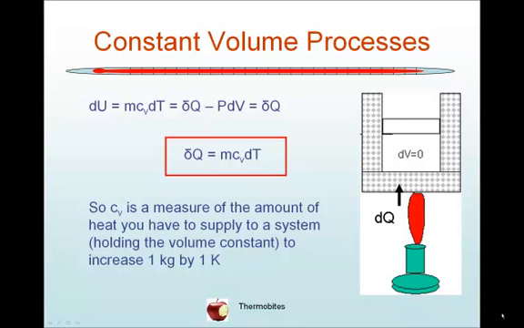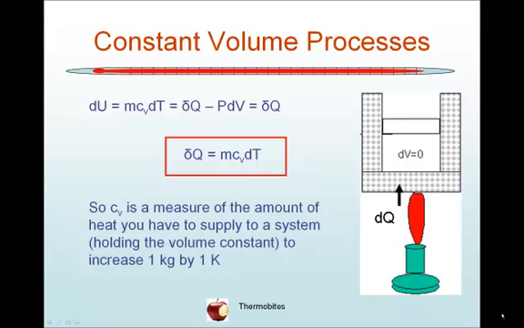Since we might write dU equals m Cv dT and expand that as δQ minus P dV, if we keep the volume constant, then dU is equal to δQ. So the change in internal energy is simply the amount of heat that we add, and by the equation, δQ is equal to m Cv dT.